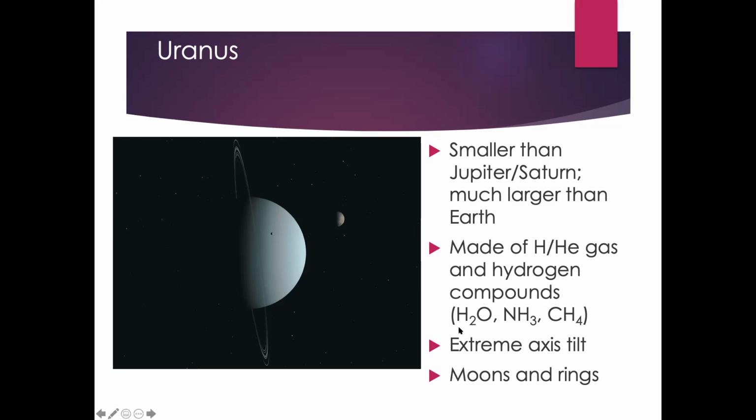So does anybody know, without looking it up, what these 4 chemical symbols or these 4 molecules stand for? What is H2O? Water. That's water. What is NH3? Okay, I had a feeling that's where I would lose people. Alex, you think you know?